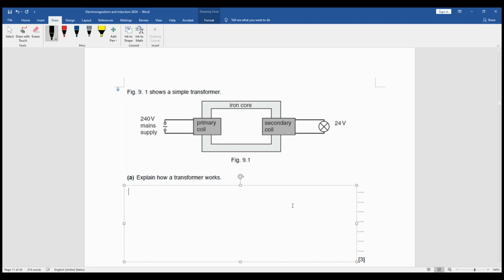Okay, so first thing you must say that it's an AC, an alternating current. Flows, you create flow through the primary coil. It generates a changing, continuously changing magnetic field.